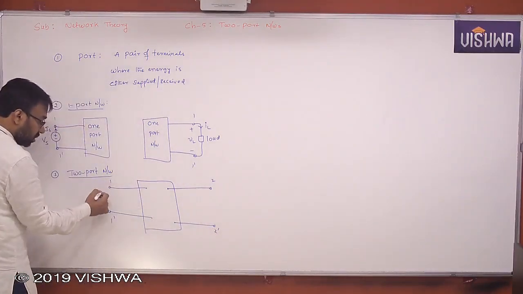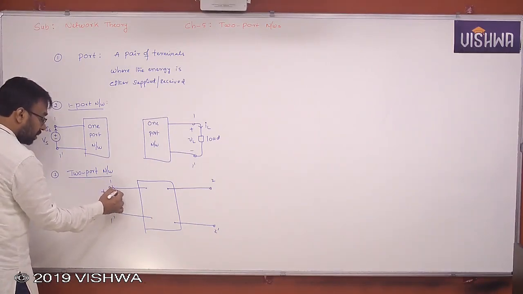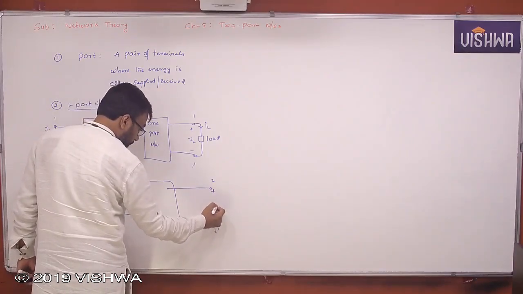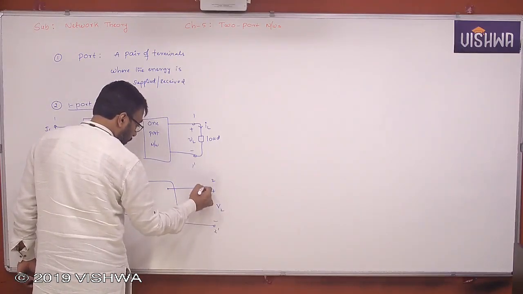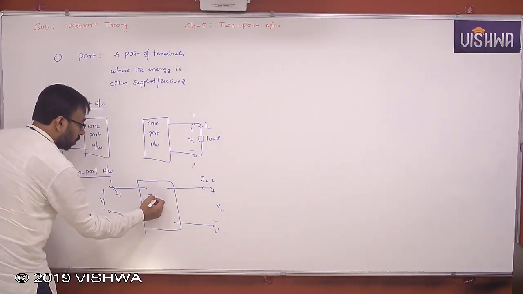So this is the input port, the input port terminals, and these two are called the output port terminals, V2 and I2. This is called a two-port network.